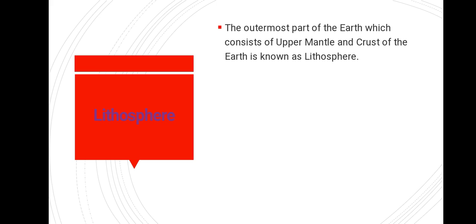But the mantle also divided into two parts, that is upper mantle and lower mantle. From the upper mantle to the crust, or you can say the pedosphere region or the soil region, up to that it is called the lithosphere.